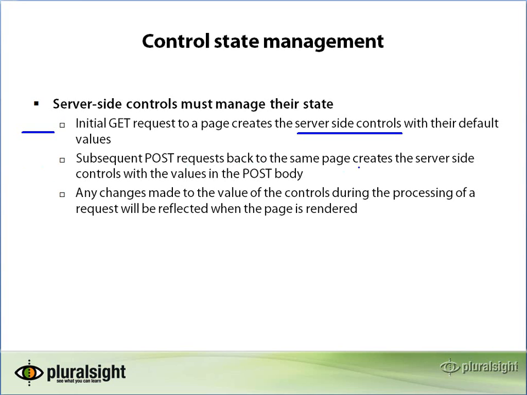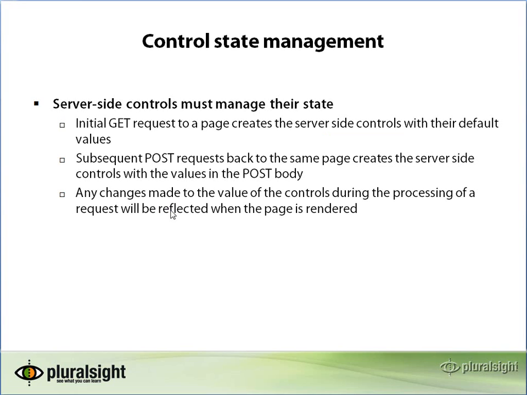And when the server created the server-side page class, it would then initialize the value of the server-side controls with the corresponding values in the post body of the request that came back. And the end result is any changes that were made by the client in those controls in the web page will be reflected in the server-side controls, and hence they'll be there in the subsequent response issued from that post.